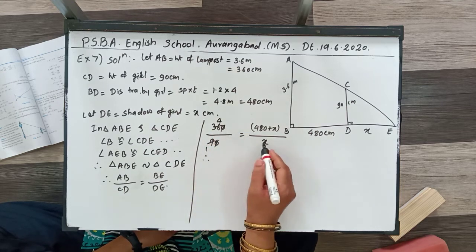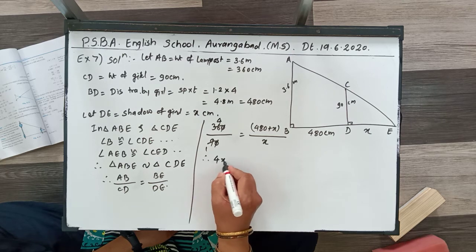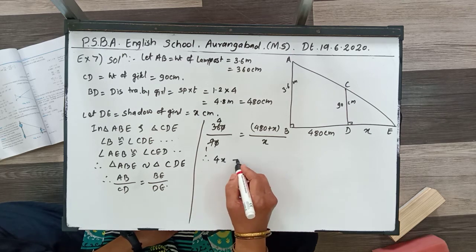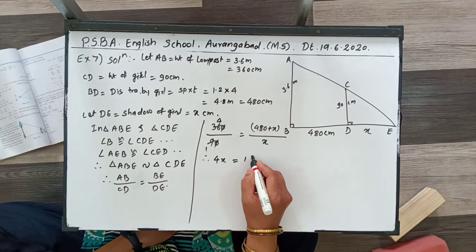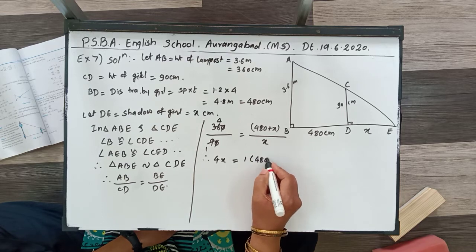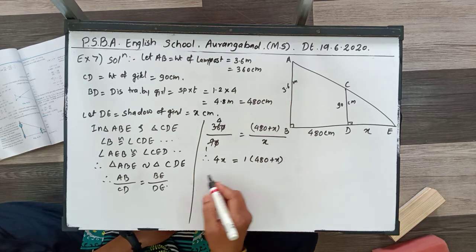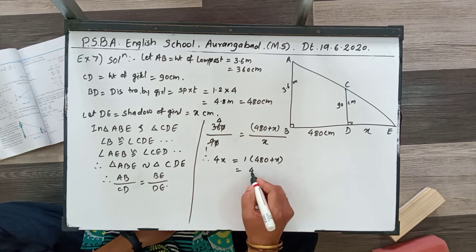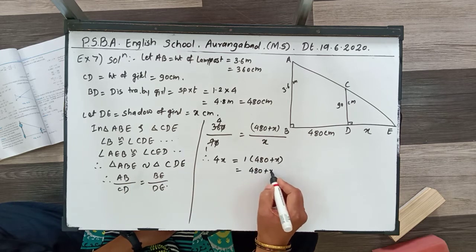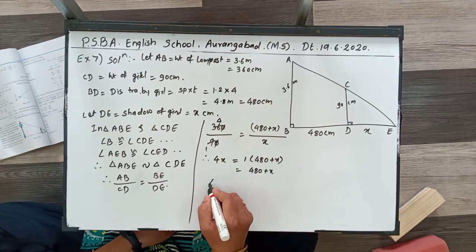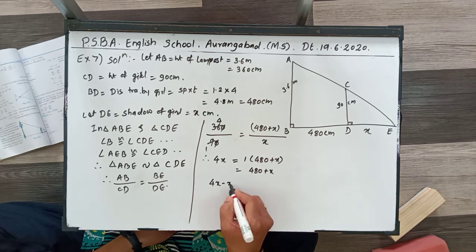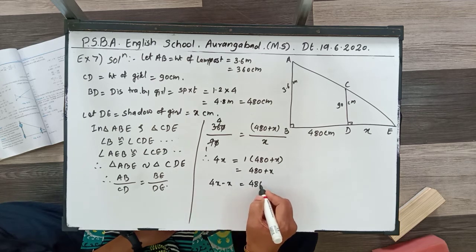Therefore 4 into x, 4x, cross multiplication, is equal to 1 into 480 plus x. So that is equal to 480 plus x. So x will be transferred to this side. 4x minus x is equal to 480.